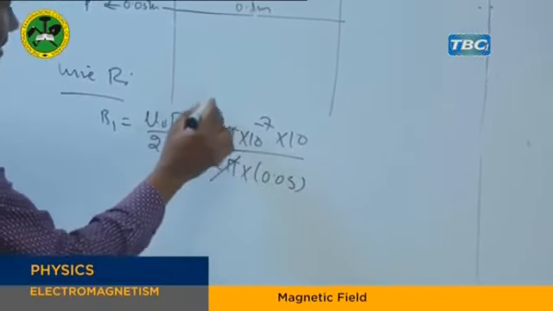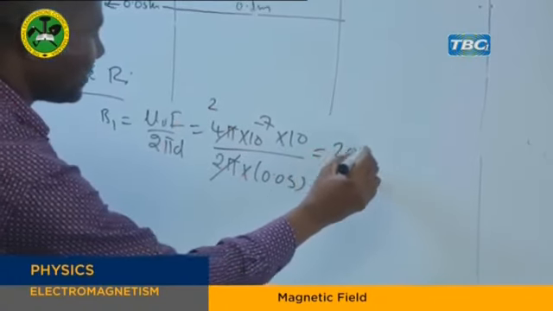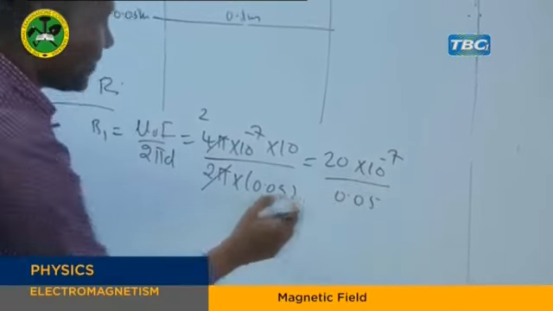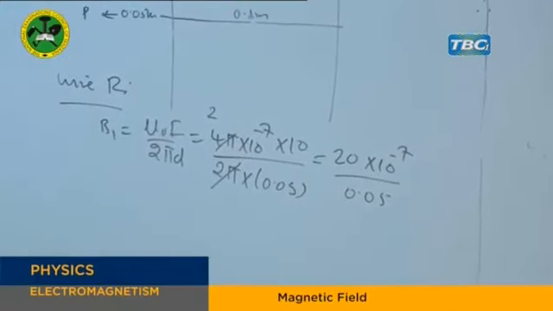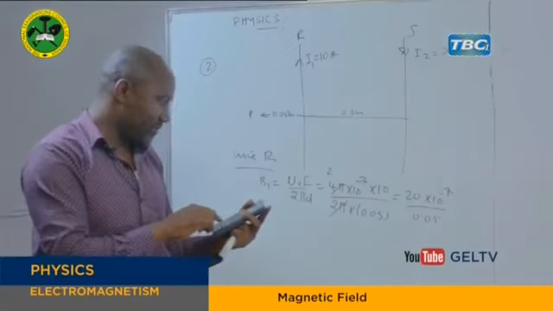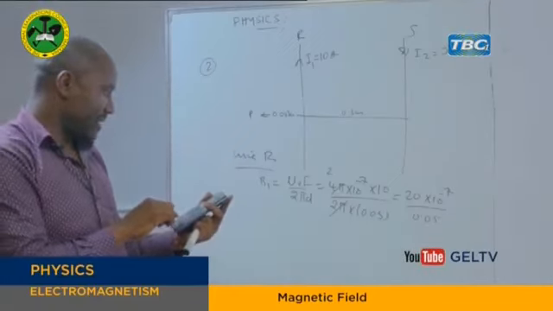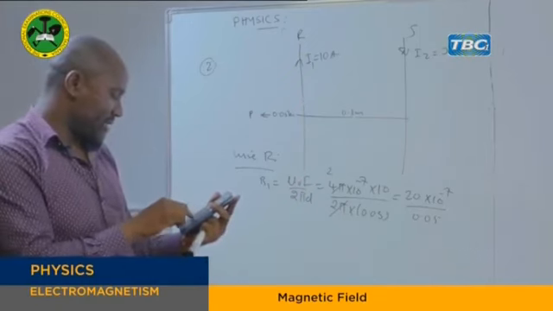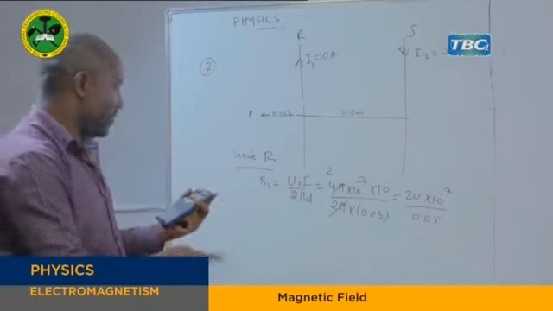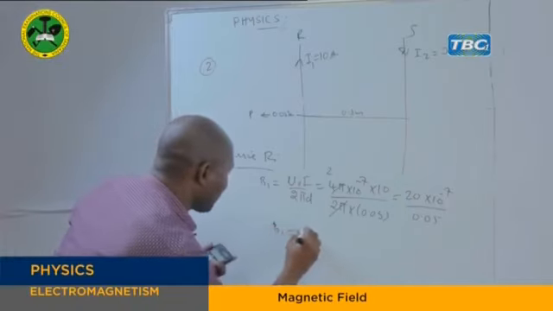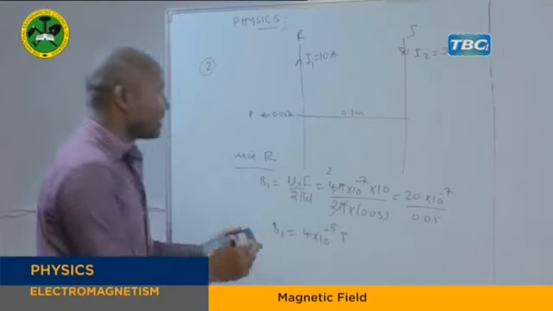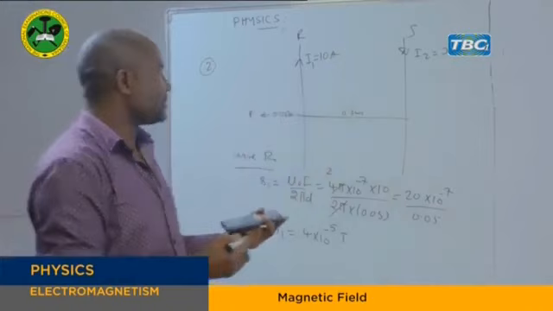These two cancel out, so you have 20 times 10 negative 7 over 0.05. Using a calculator, you can find that quickly. 20 divided by 0.05 multiplied by 10 negative 7. You get 4 as before, 4 times 10 negative 5 Tesla. This is the magnetic flux density due to wire R.